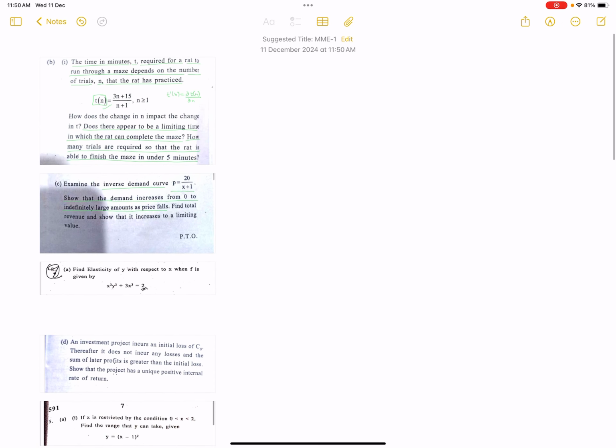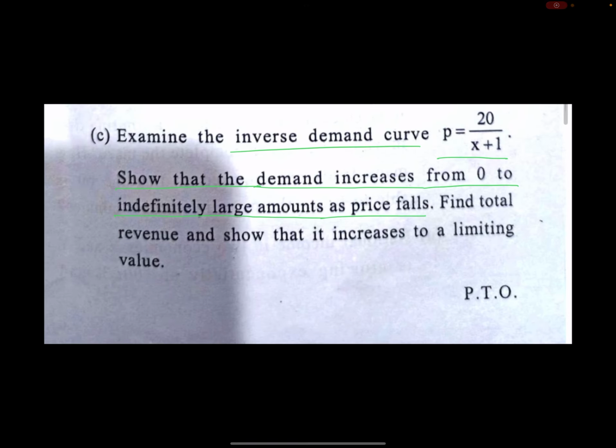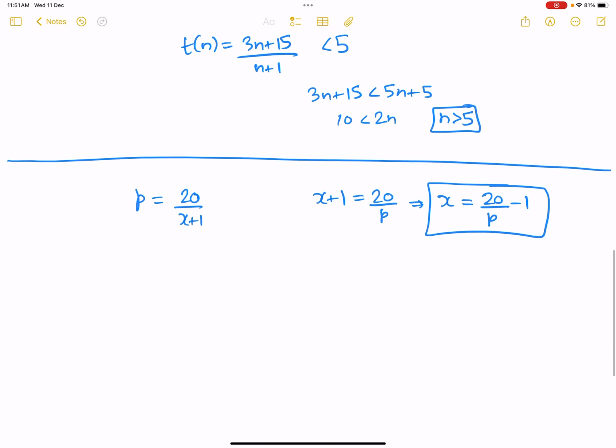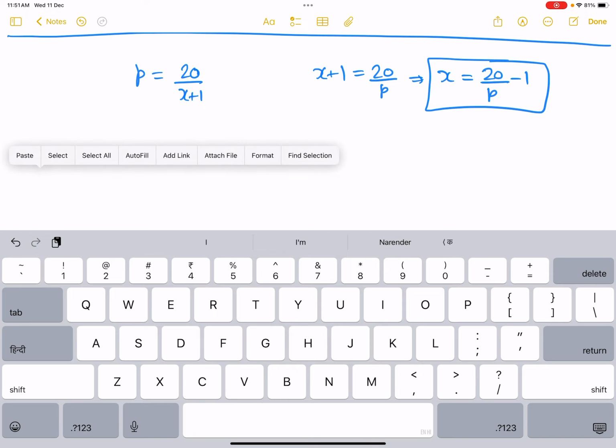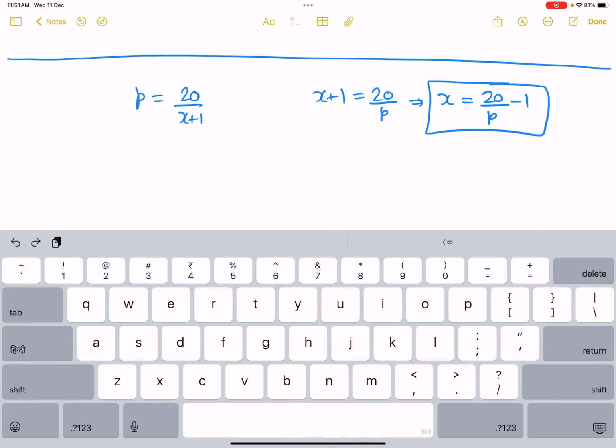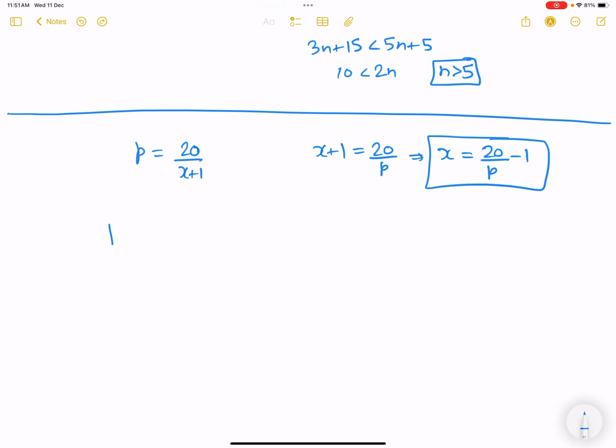Now what they are asking is, you need to show that the demand increases from 0 to indefinitely large amounts as price falls. Looking at this, what we can see is, suppose P equals 20, x would be 0.